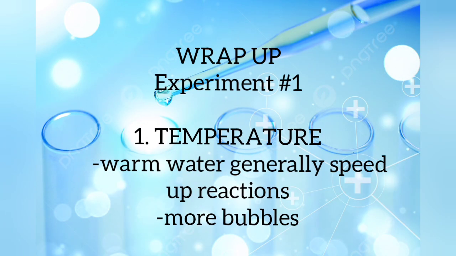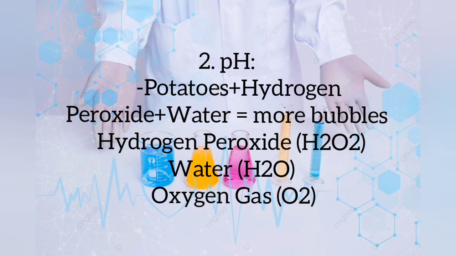For temperature, the warm water generally speeds up reactions, so it's common to see more bubbles in warmer conditions compared to other test tubes, which is lowest at room temperature. For pH, potatoes plus hydrogen peroxide and water produce the most bubbles.